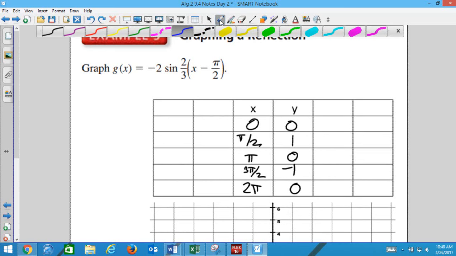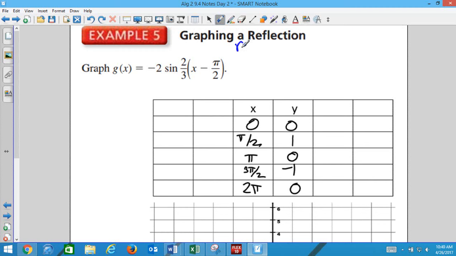All right, so let's go left to right. The first number is a negative 2, but it's 2 transformations. Remember when we have a negative in front, the negative makes a flip, a reflection. And then the 2 is a vertical stretch. So we have 2 transformations right out in front. So we're going to have a reflection in the, do you remember?